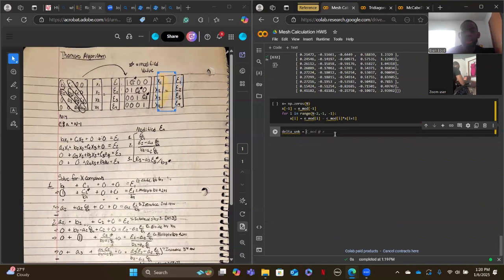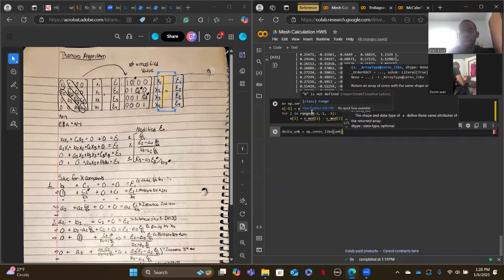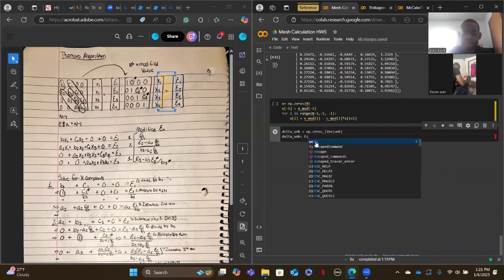Now for delta unknown, you can really just copy and paste this. We empty the zeros, and it will be the same 5 by 10 as our other unknown matrix. We know the last delta unknown is equal to our last modified equation, that's just E at -1, and this is also -1.